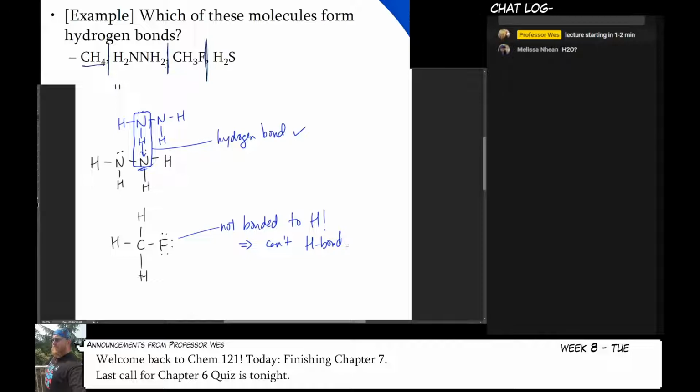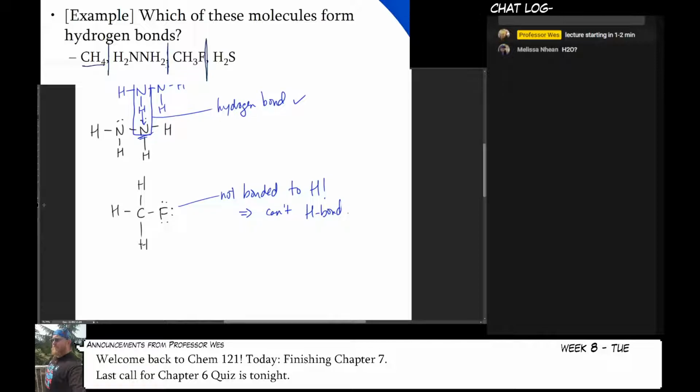If I don't already have a covalent bond to a hydrogen, I can't possibly fulfill that part of the criteria, right? I cannot point the H that is bonded to my fluorine at the other fluorine because that bond doesn't exist. There's a carbon there, right?